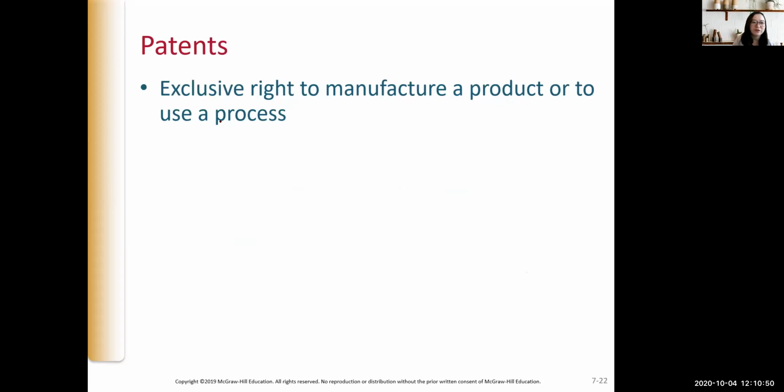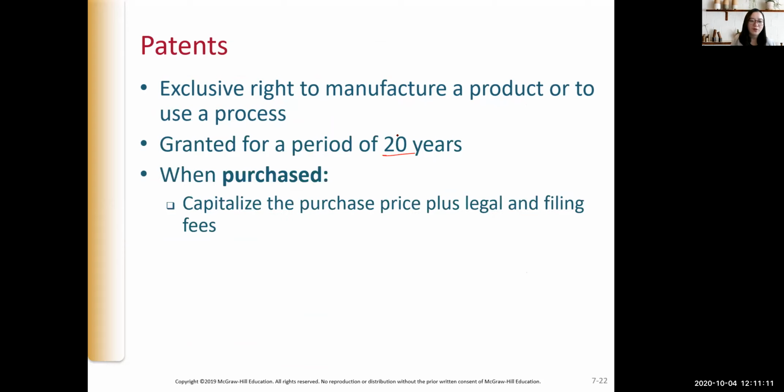Okay, so let's first of all define what a patent is. We're going to individually talk about the different intangible assets. First of all, a patent. A patent is an exclusive right to manufacture a product or to use a process. And it's usually granted for only 20 years. When it's purchased, you should capitalize the purchase price plus legal and filing fees, right?